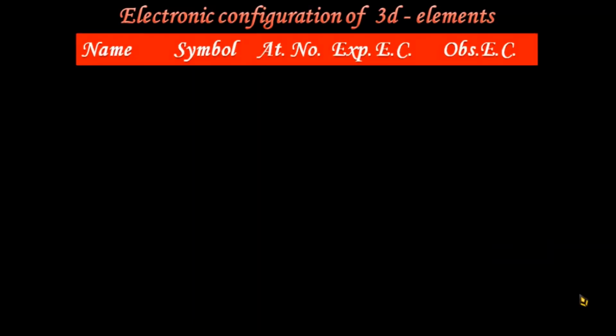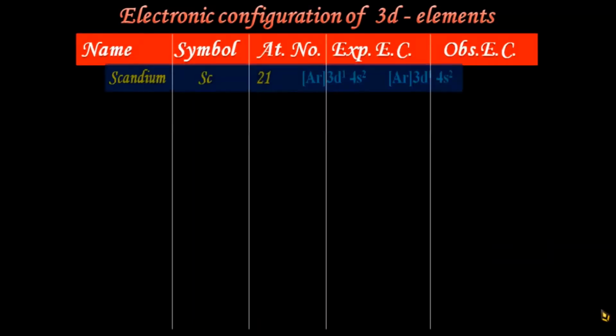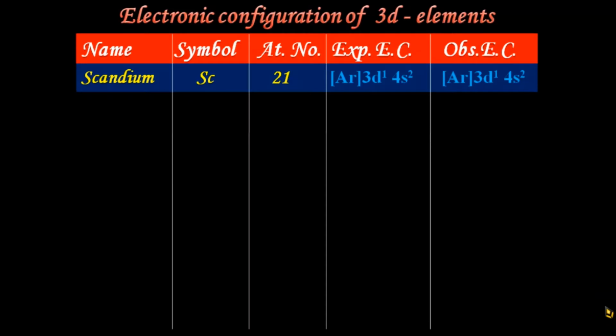The electronic configurations of the 3d elements are as given in this table. The 3d series starts from scandium. So the first element of the 3d series is scandium. This is the symbol and atomic number, and its 21st electron enters the 3d orbital. So its electronic configuration is 3d1 4s2.